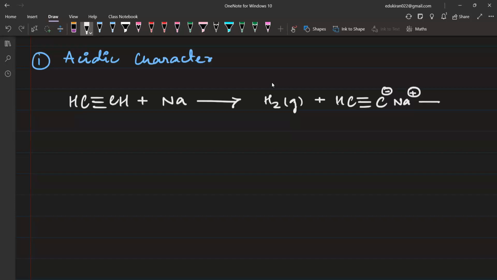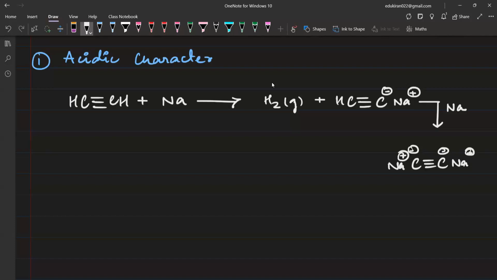Now you can react this one more time with sodium, and what you are going to get is carbon triply bonded with carbon. Both of these will have negative charges, and sodium positive will be stabilizing them.